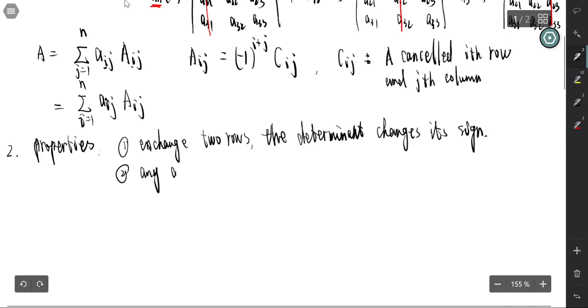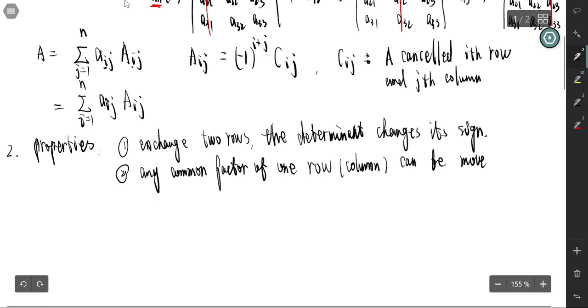Any common factor of one row or column can be moved outside the determinant. That means we multiply the determinant by this number and divide the row by the same number.